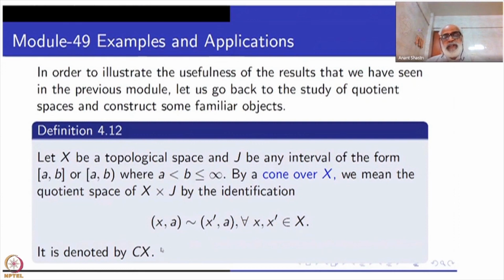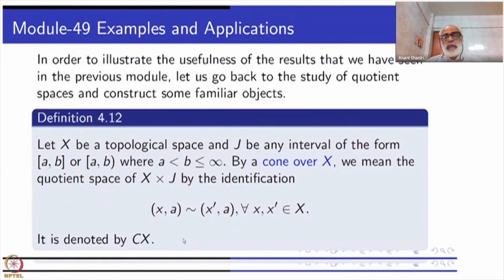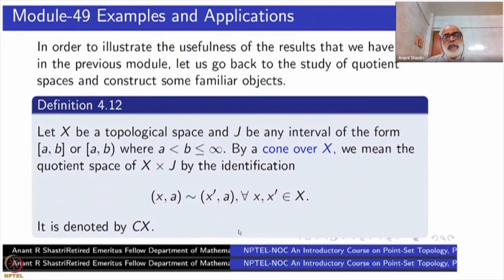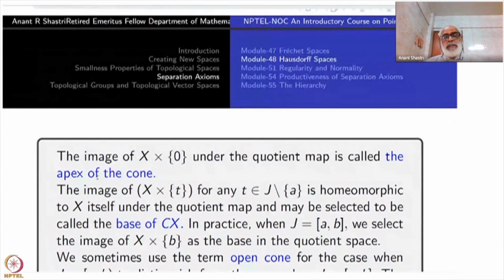The quotient space will be denoted by CX. The image of X cross A under the quotient map is called the apex of the cone. What single point is it? The entire X cross A, which will be called the apex of the cone.